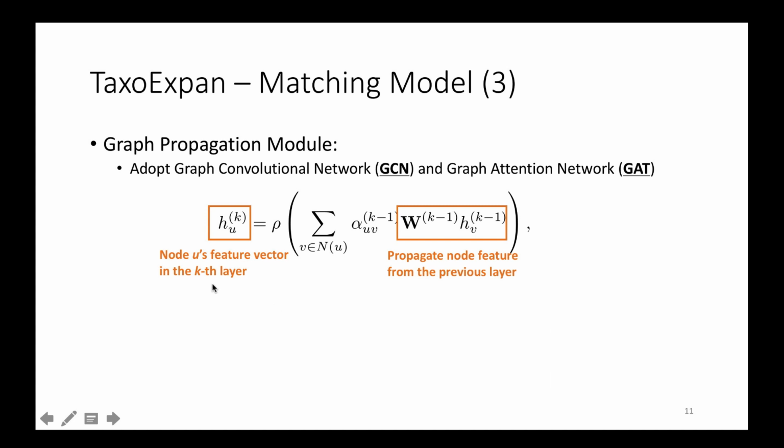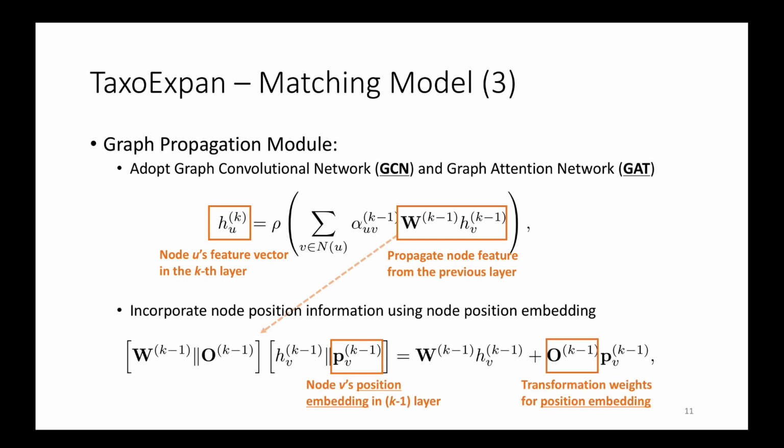That is, the node's feature vector in the k-th layer is the weighted sum of its neighbors' transformed node features from the previous layer, passed through a nonlinear activation function. These two architectures, GCN and GAT, differ in how the relative weight alpha is calculated, but they share the same propagation mechanism.